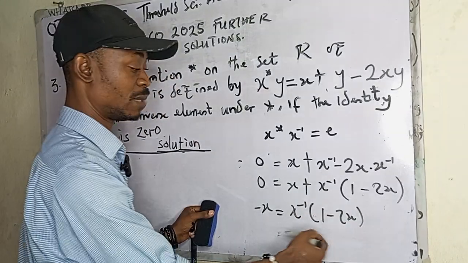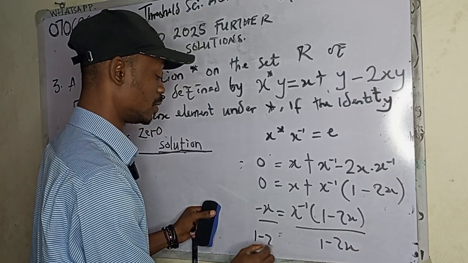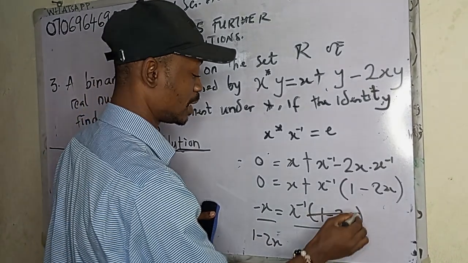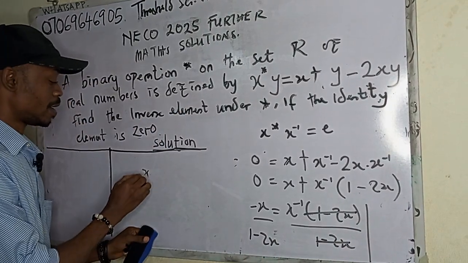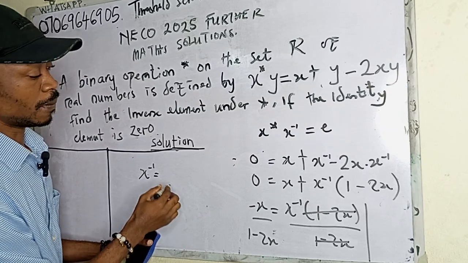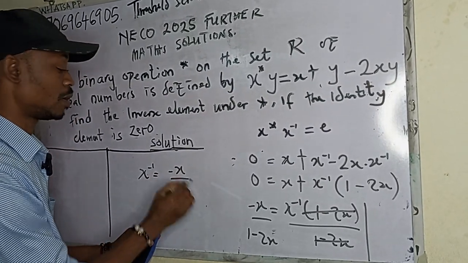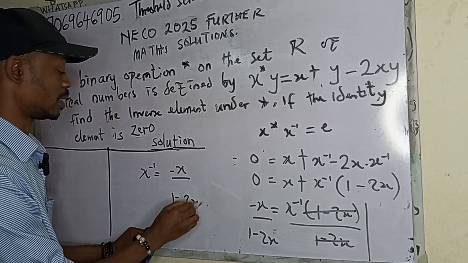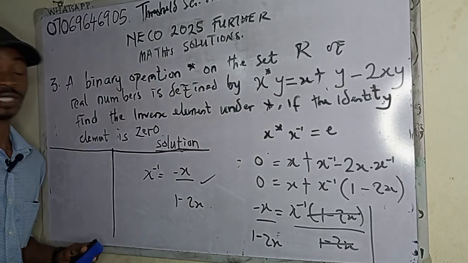Now divide both sides by 1 minus 2x, so 1 minus 2x cancels 1 minus 2x. The answer is: x raised to the power minus 1, or the inverse of x, equals minus x all over 1 minus 2x. So that's the answer to number 3. See you in the next question.